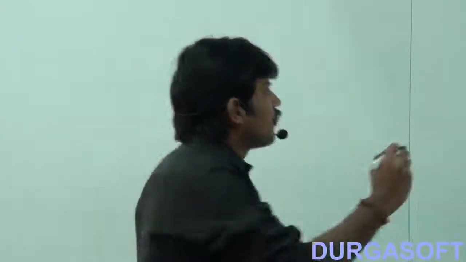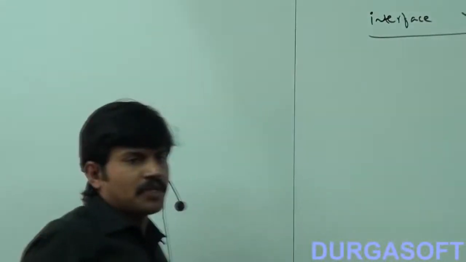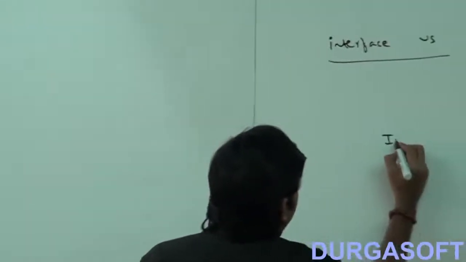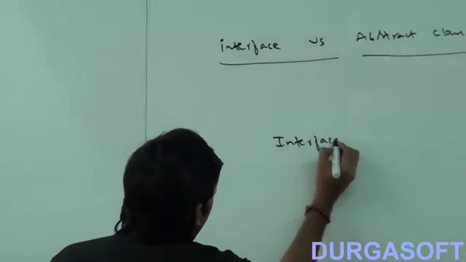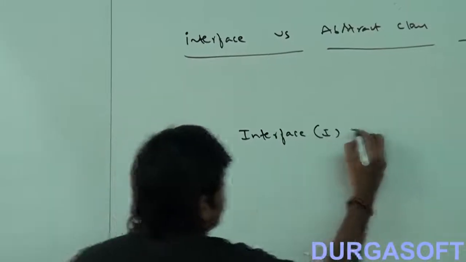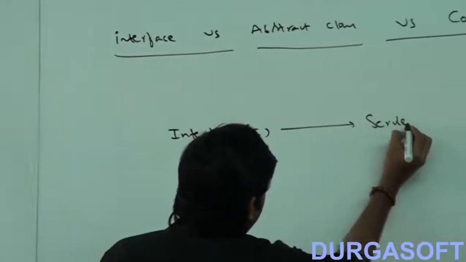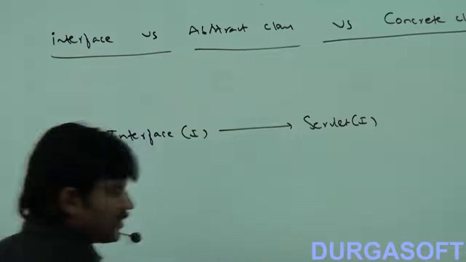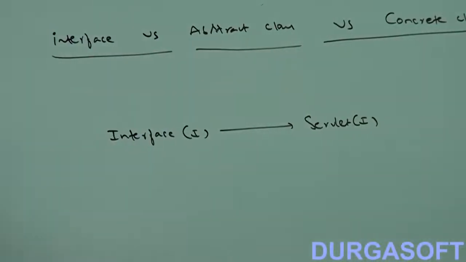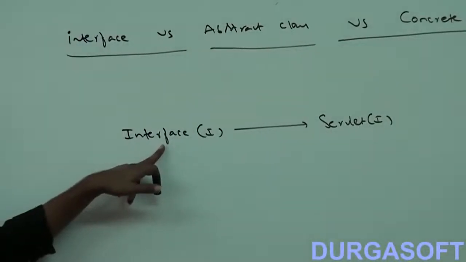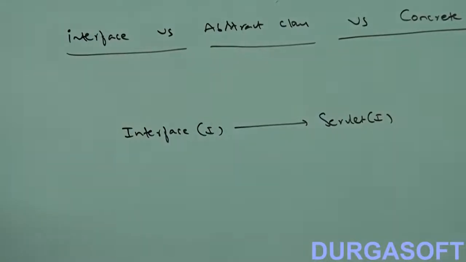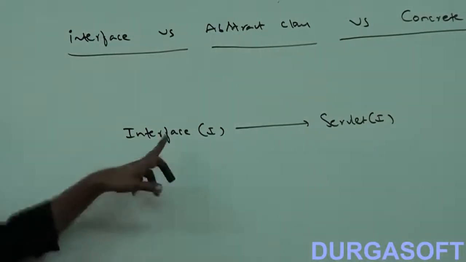The best example for this is Servlet. Servlet itself is an interface, right? With 100% abstraction, we just have a requirement specification, so we should go for interface.